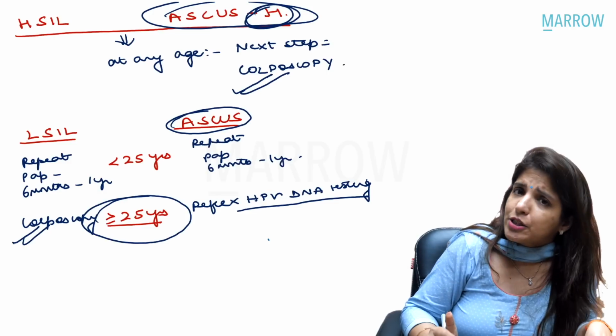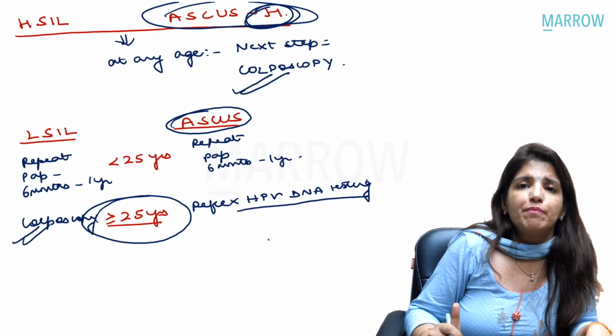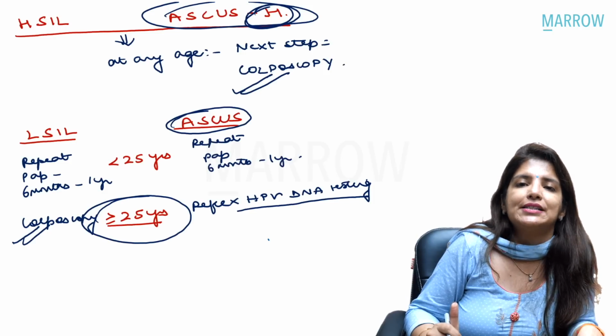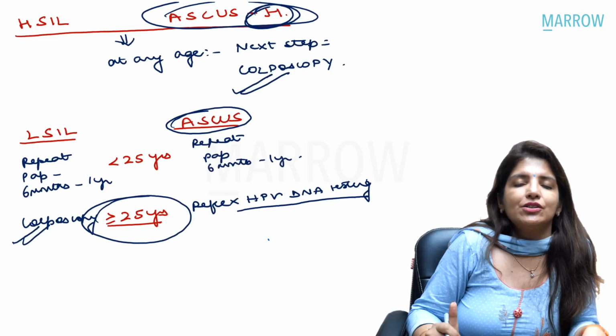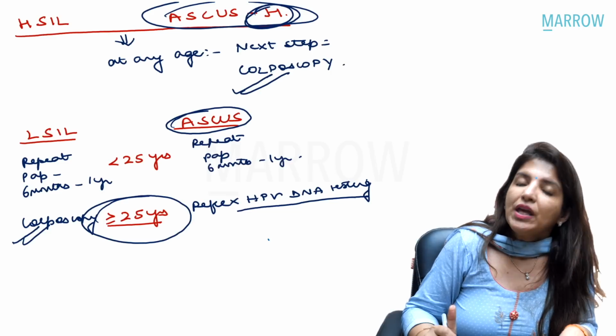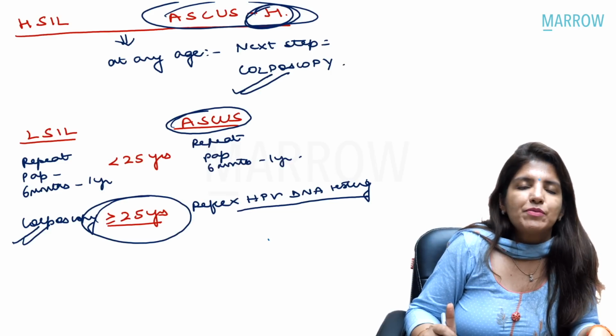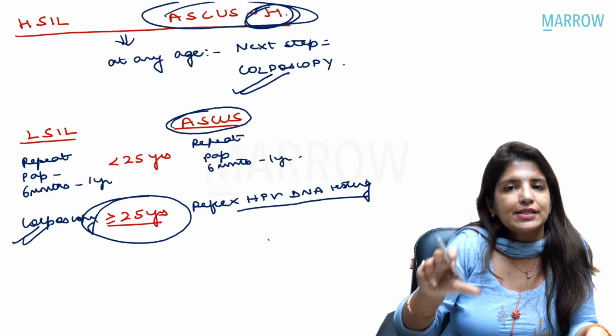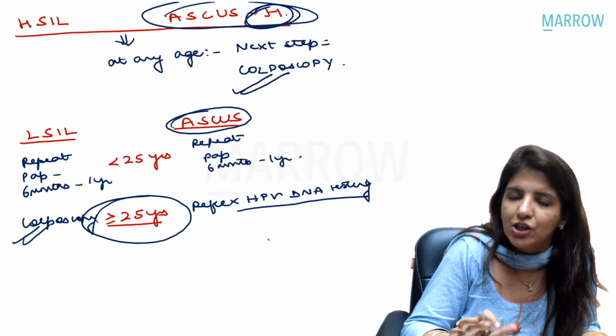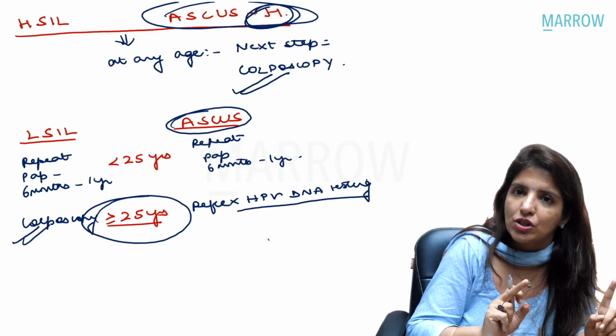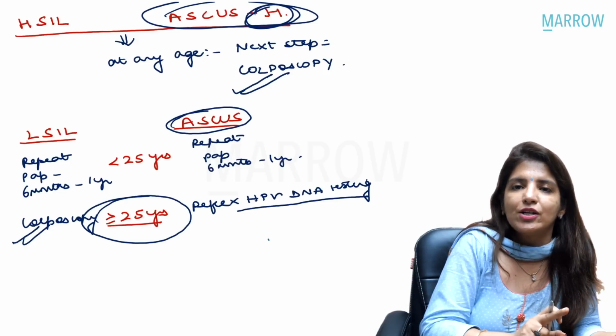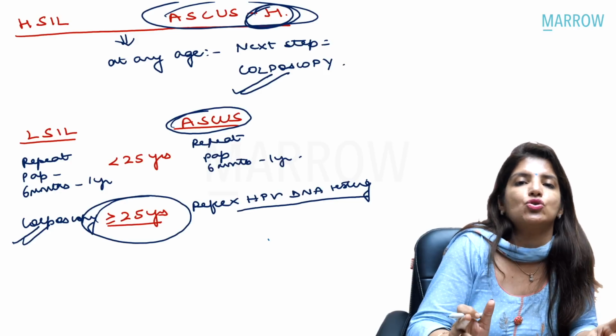Right? So irrespective of age, if report comes as HSIL or ASCH, then the answer is colposcopy immediately. If the report comes as LSIL or ASC-US without the letter H, then look at what is the age of the patient. If age of the patient is less than 25 years, in both these cases, you have to go for pap smear.